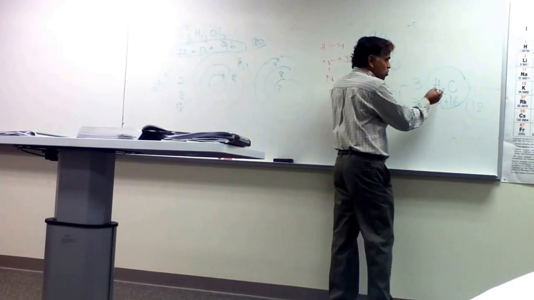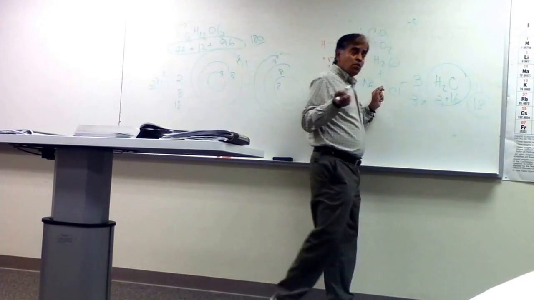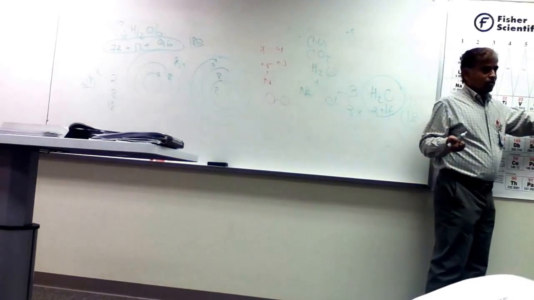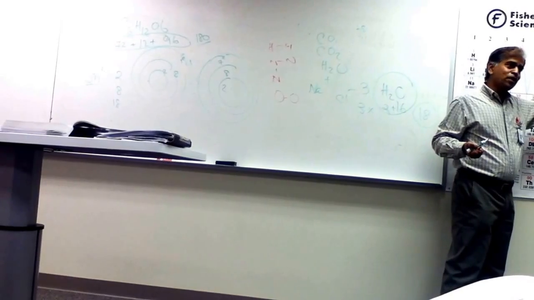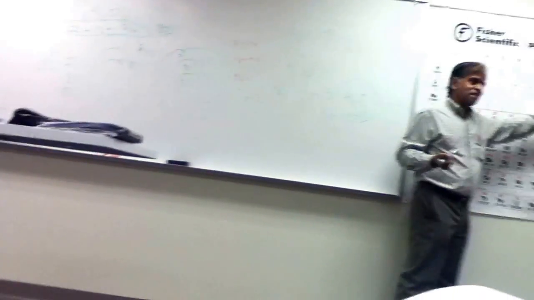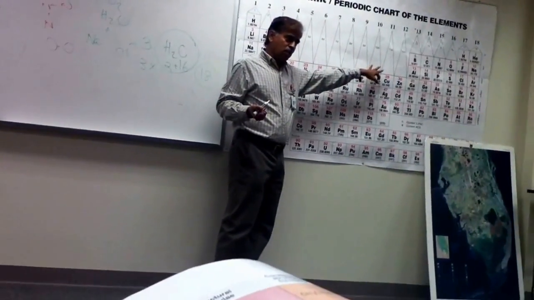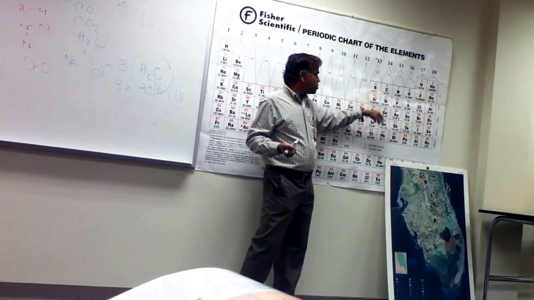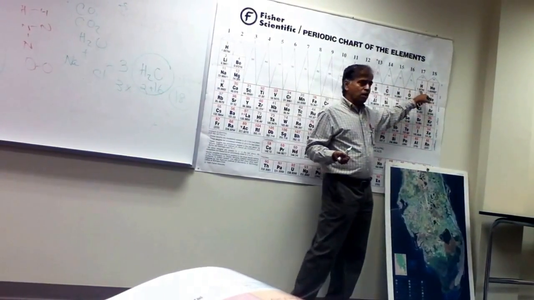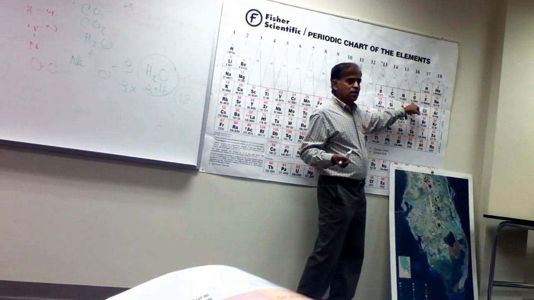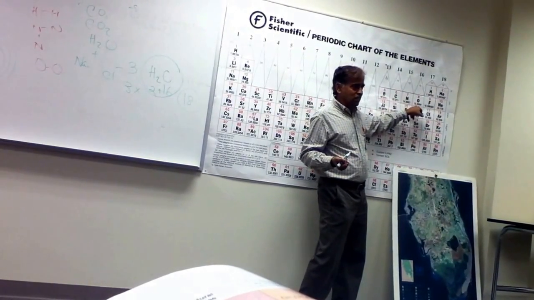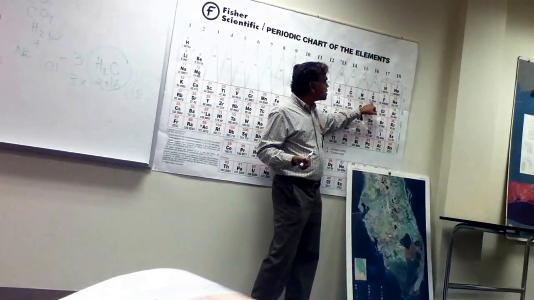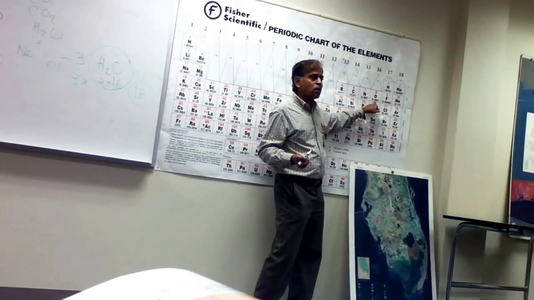Okay, so we already talked about the atomic mass and how we get that from this table. Somebody did all the work and put it in the table for us. So if you don't memorize the table, we refer to the table. You see the atomic number here, atomic mass here. For hydrogen it's 1. Oxygen we rounded off to 16, because anything more than 0.5 you can round off.